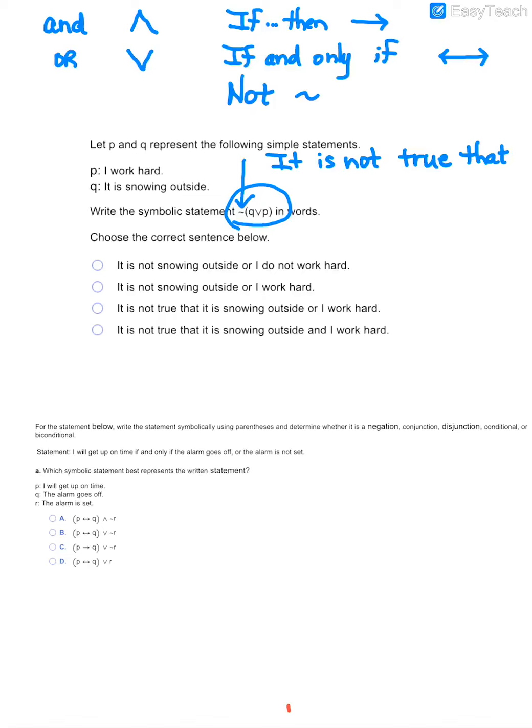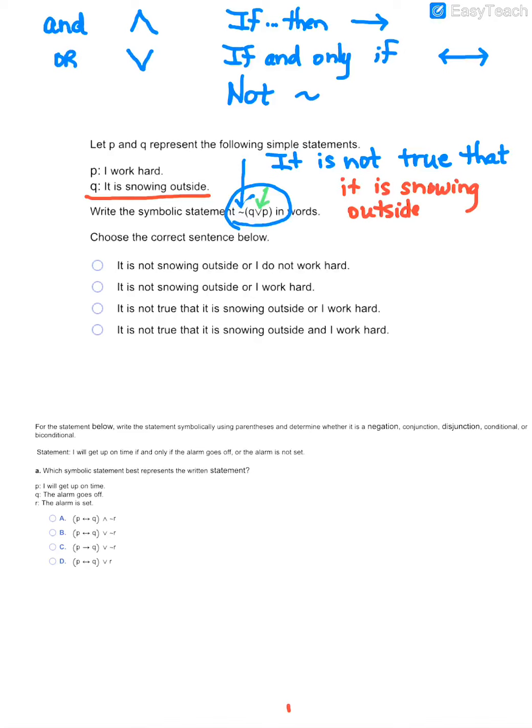Notice the Q comes first. So if we go back and we look at the meaning of the letter Q, that would represent "it is snowing outside." So it is not true that it is snowing outside. Then the next symbol is the V, and we said up here the V is the word "or."